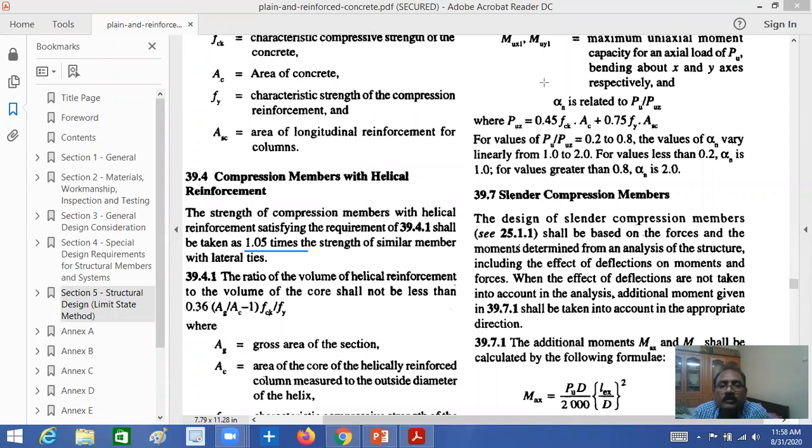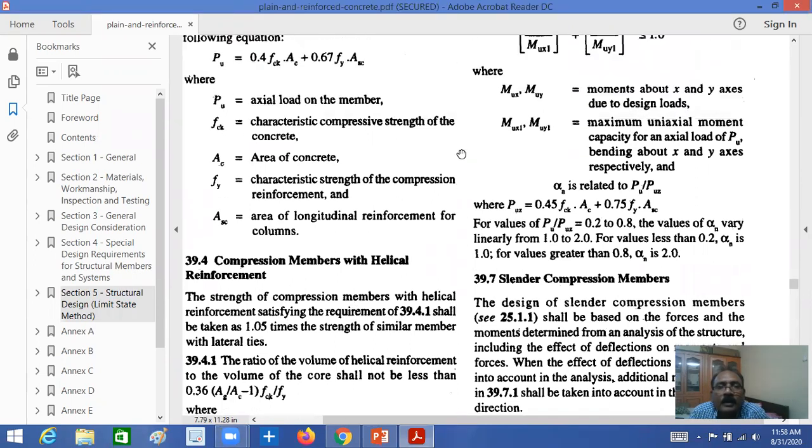So from the above formula, we have to take 1.05 times 0.4 fck Ac plus 0.67 fy Asc. This is multiplied by 1.05 for helical reinforcement.